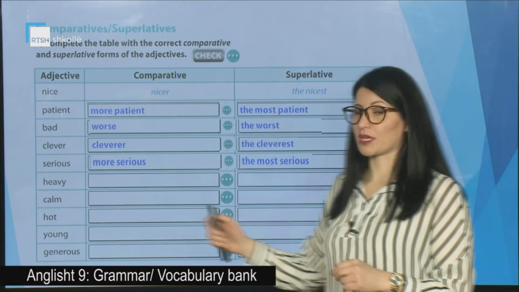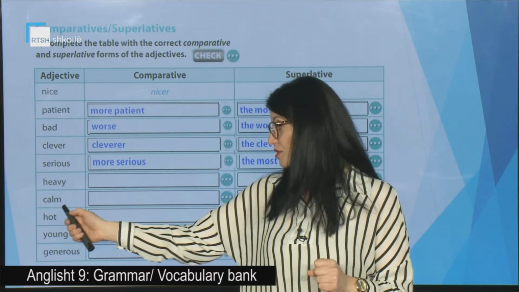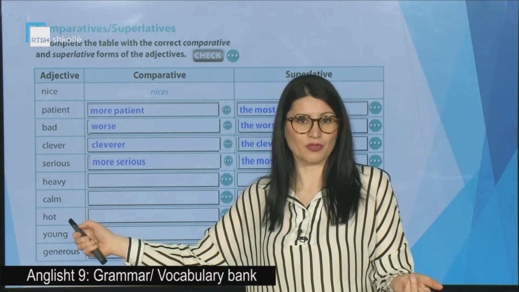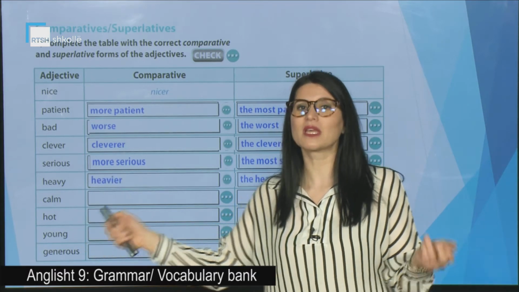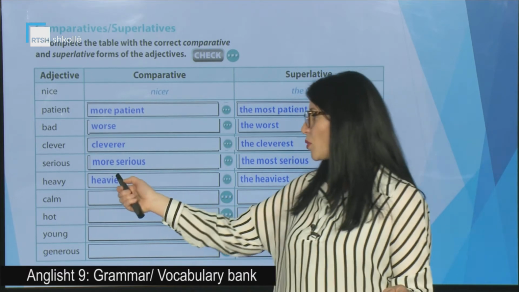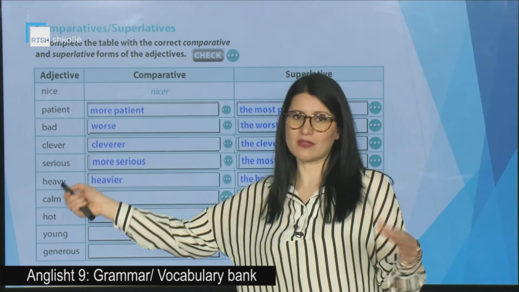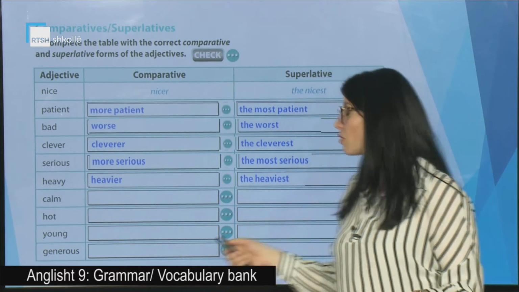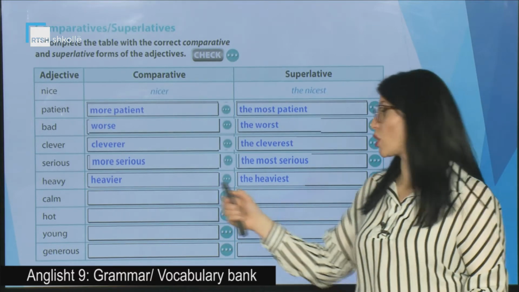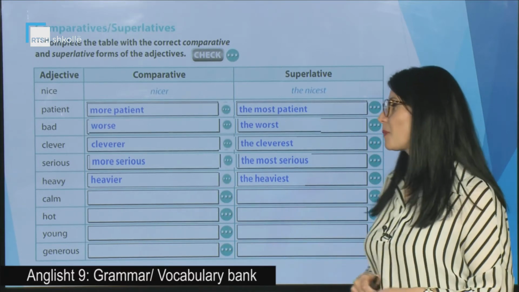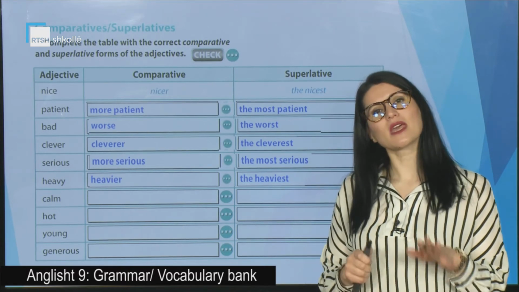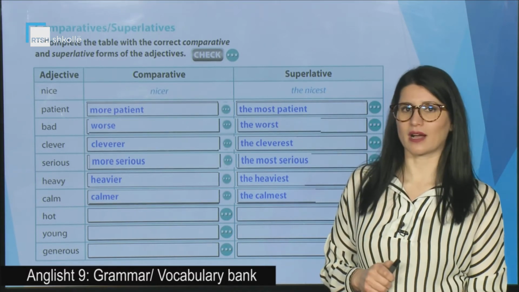Heavy, be careful, we have here a consonant plus y, so how are we going to form the comparative and superlative form? It is heavier, so we leave out the y and we add I-E-R or I-E-S-T, so heavier, the heaviest. Then we have calm, it is a short adjective, and we say calmer than or the calmest.